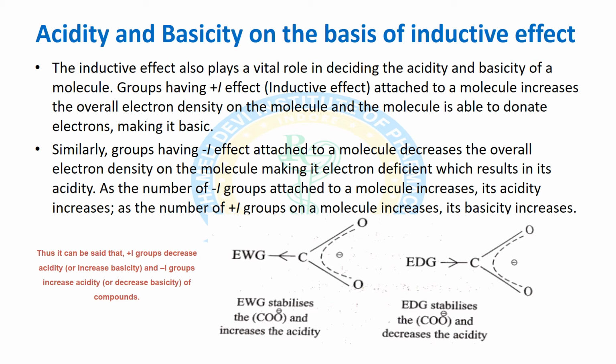Similarly, when groups having a minus I effect are attached to a molecule, it decreases the overall electron density of the molecule, making it electron deficient, which results in acidity. Thus, in short, plus I groups decrease acidity or increase basicity, while minus I groups increase acidity or decrease basicity of the compounds.